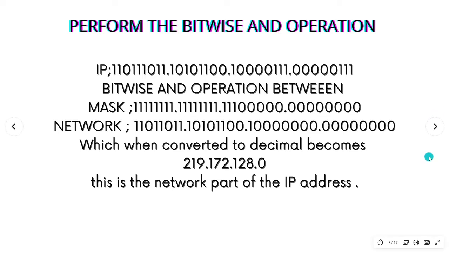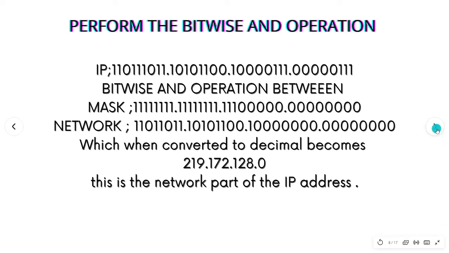This decimal notation is also called CIDR notation, or classless inter-routing domain notation. The decimal notation we got here is the network prefix.